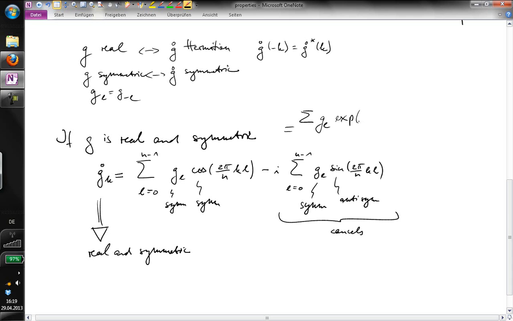I can write the Fourier transform in its common shape, and I've now rewritten the complex exponential as a cosine minus i times the sine.